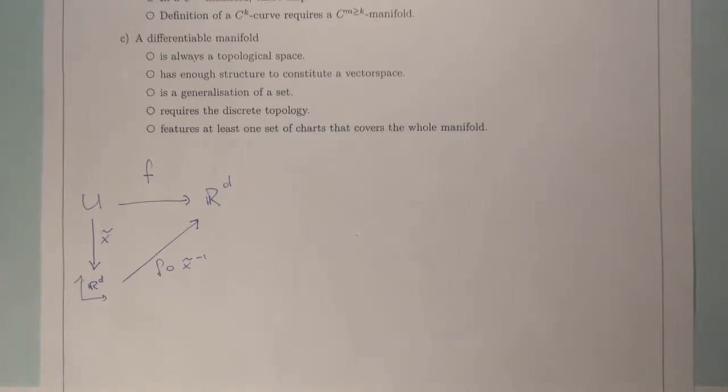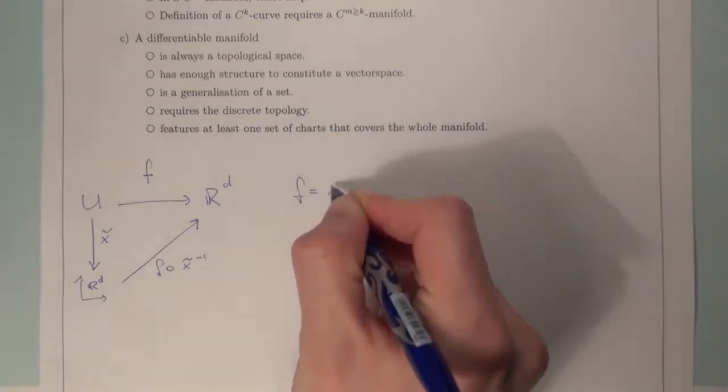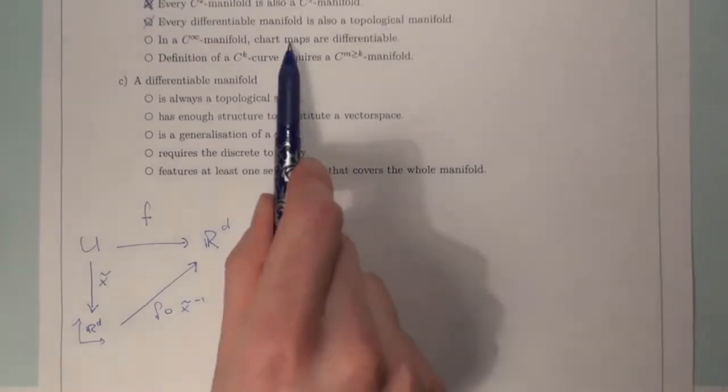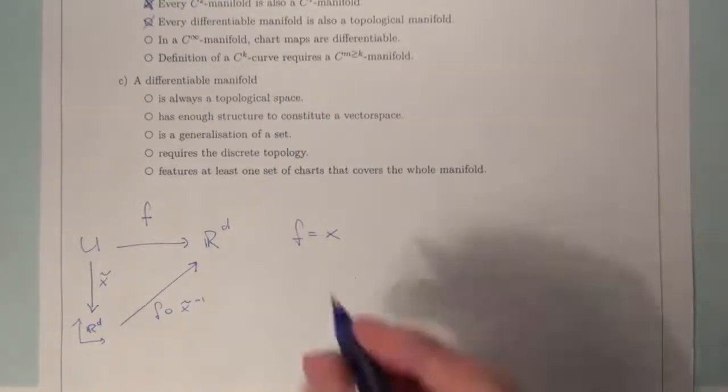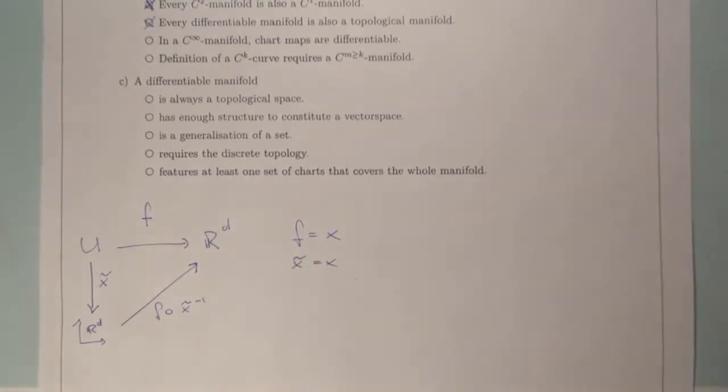So now we have a special case, and the special case is we pick f equals x, the chart map that we want to look at. And as well we pick x tilde equals x, because we can take any chart we like because we have a smooth atlas.